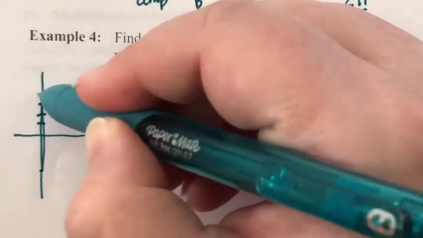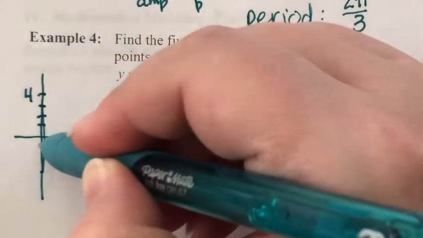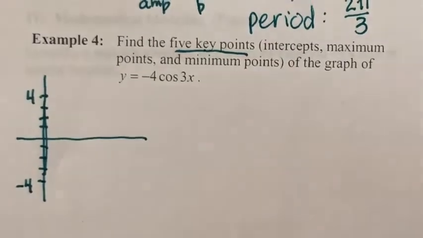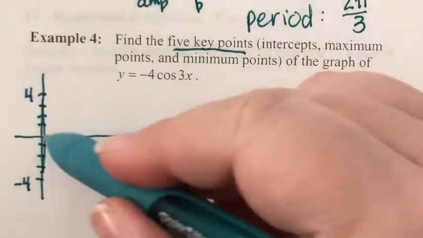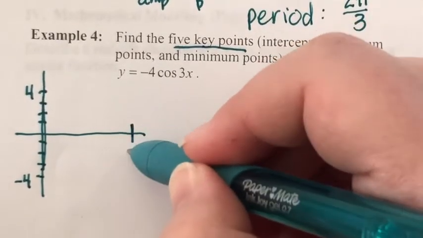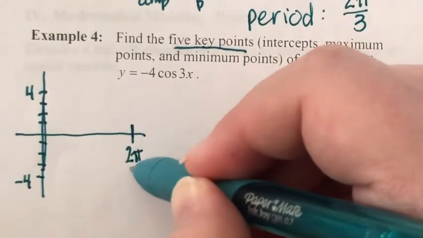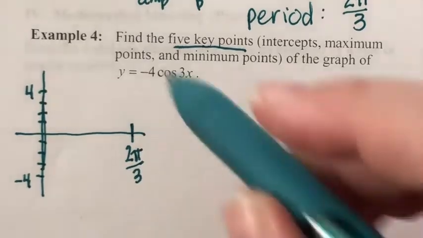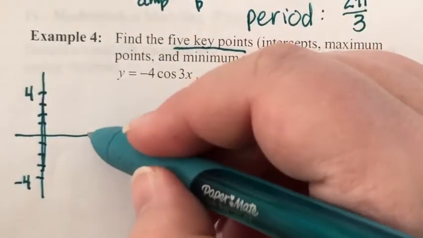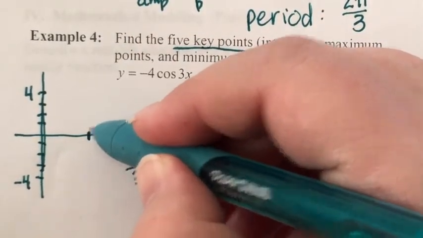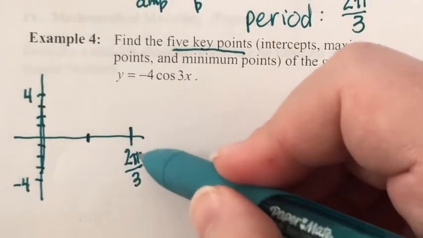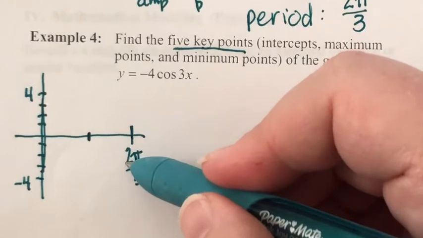So we have 4, -4. And then our period, I come over to the side of the graph and I'm just going to do 2 pi thirds. And then halfway between those, because I know it's supposed to do stuff at halfway between. So half of 2 pi thirds would be 2 pi thirds divided by 2.